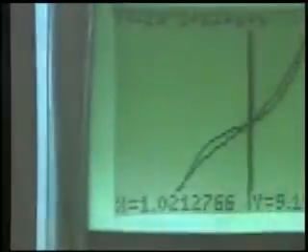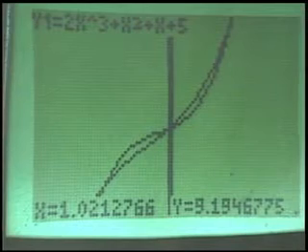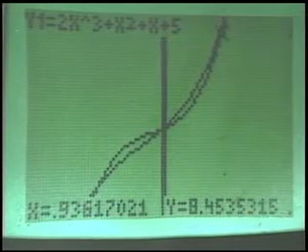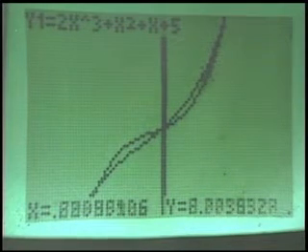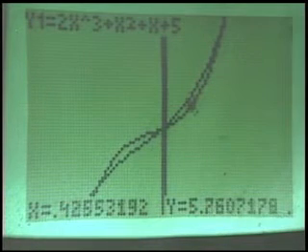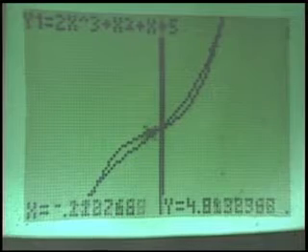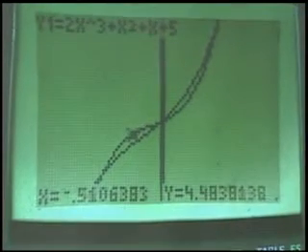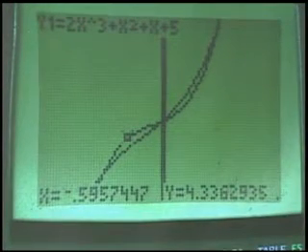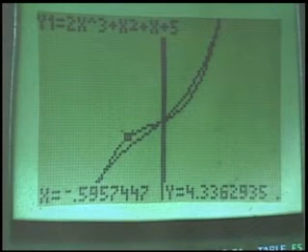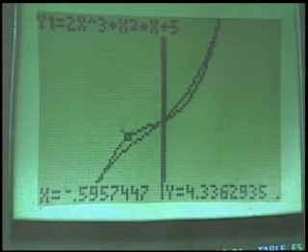If I push trace here, I need to start using my arrows to see where I'm at. Notice in the upper left-hand corner, I am on function y1, which is the 2x cubed function, and from -1 to 0 is it the upper function? And the answer is yes. So that's how you can use trace to tell you which one is the upper function.